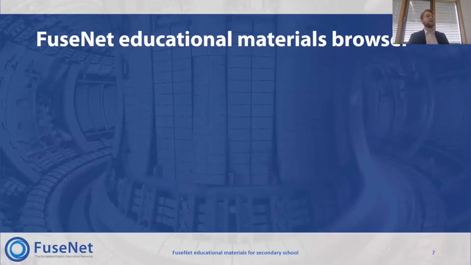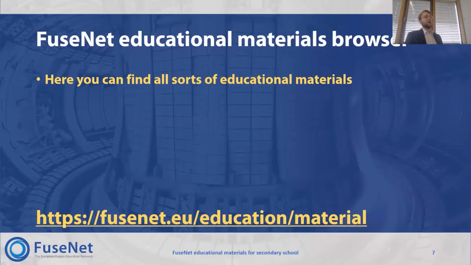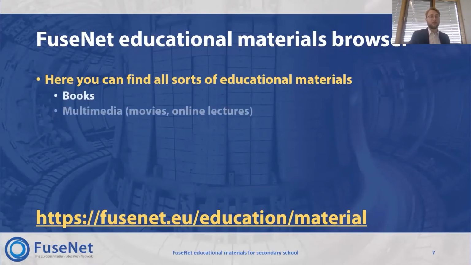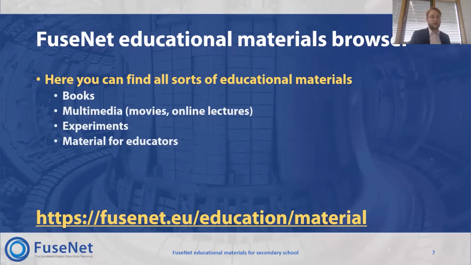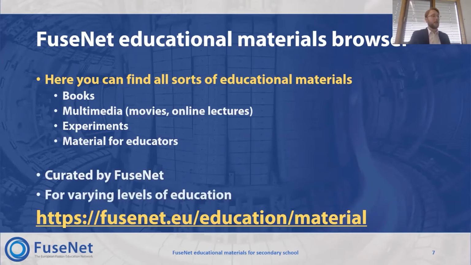So where can we find this educational material? FuseNet has an educational materials browser. You can find all sorts of educational materials on here, such as books, multimedia, movies, experiments, and also material for educators. And all this content that you can find on the educational materials browser is curated by FuseNet, and it is for varying levels of education.